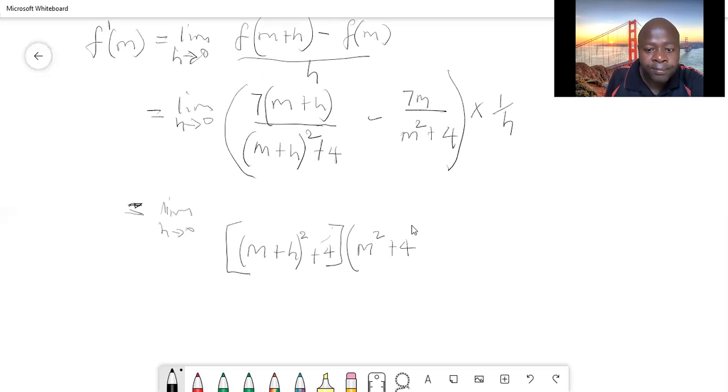This is our LCM. So this would go here, m squared plus 4 times our numerator, what we then get is 7m plus 7h multiplied by m squared plus 4.